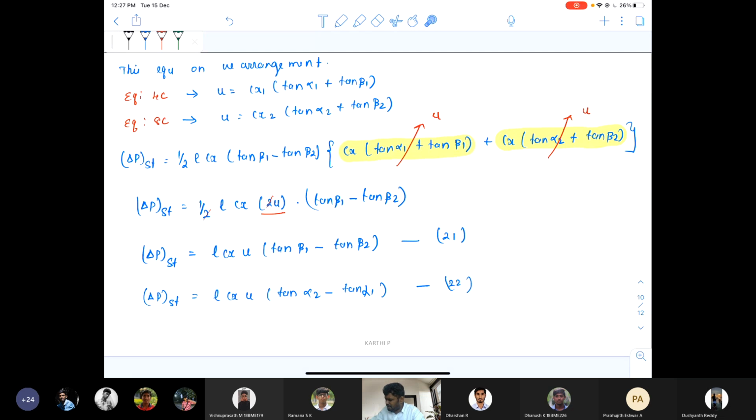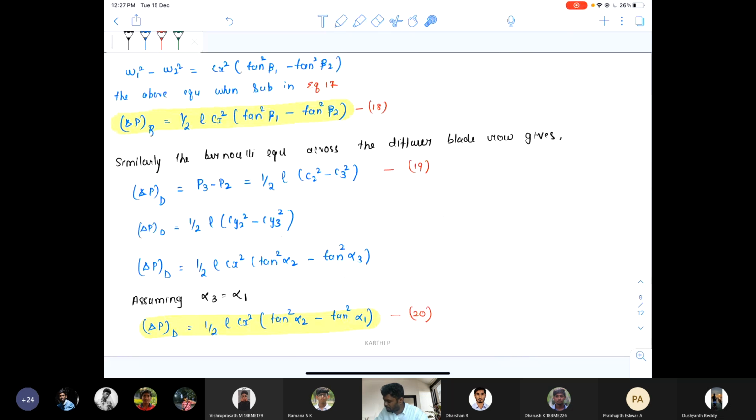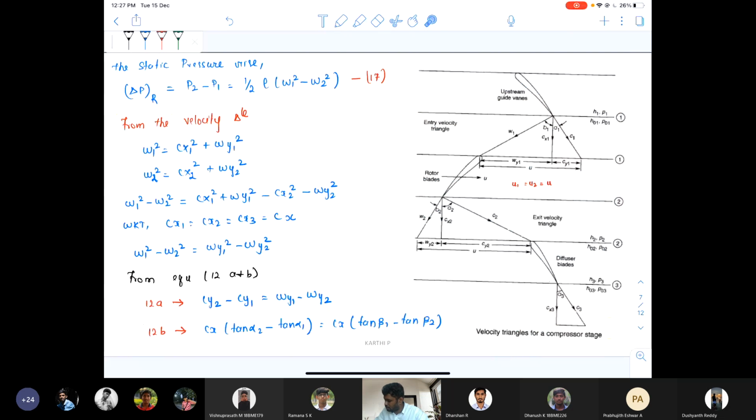Combining both equations, the 2u gets cancelled, and the final equation takes the form rho Cx u into tan beta 1 minus tan beta 2, which equals the tan alpha form. This is how we have arrived at this equation.